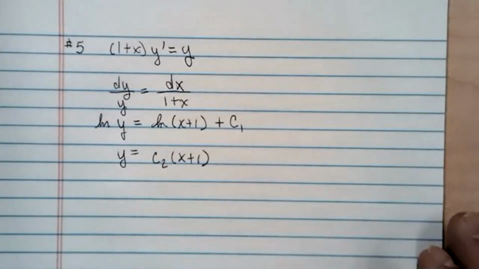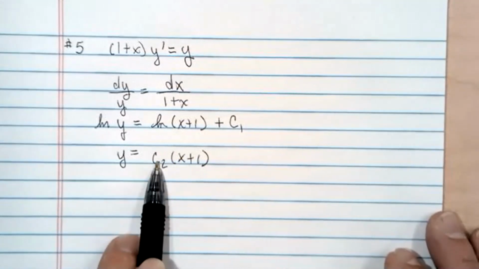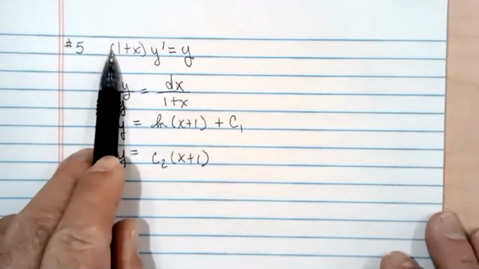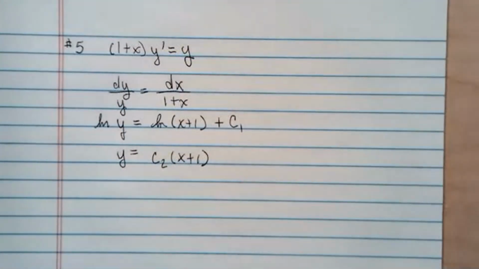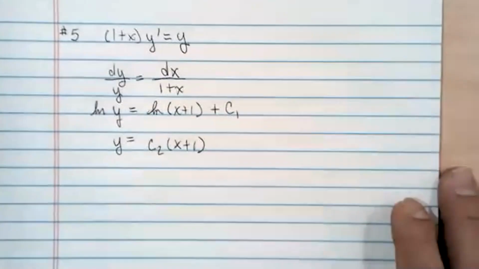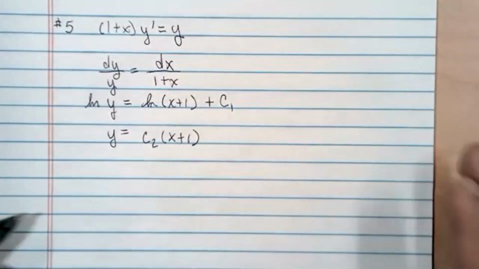And just to check that, if you took the derivative of this, you'd have C2. So you'd have C2 times x plus 1 equals C2 times x plus 1. Sure enough, it works. So that we know the solution, and that's really handy because these power series methods can get so dramatically messy as you step through them.